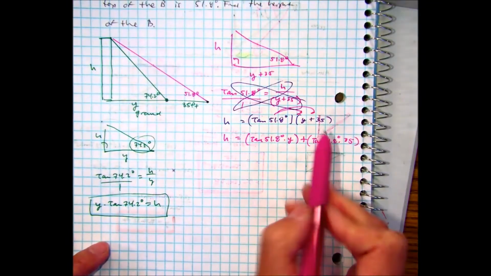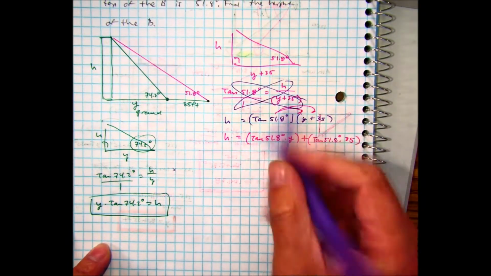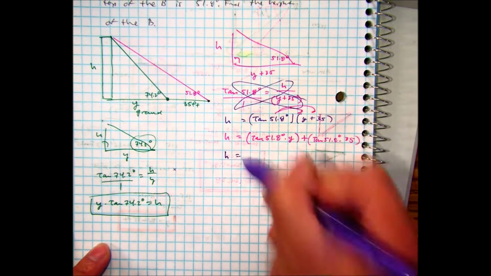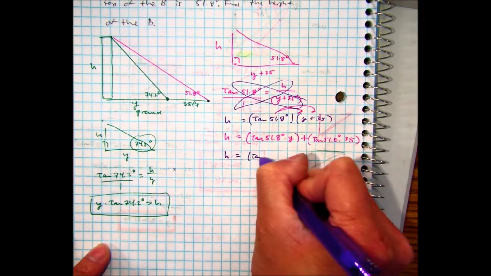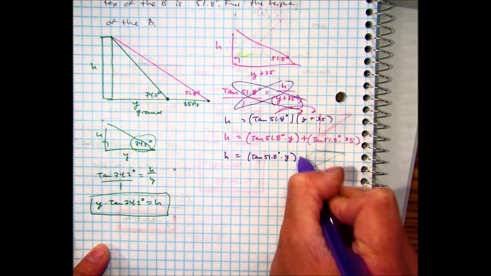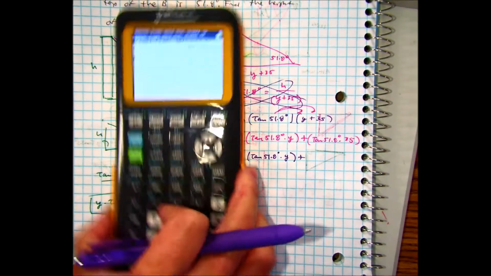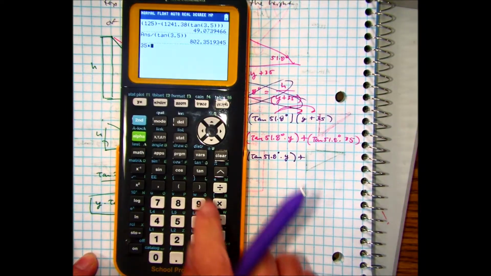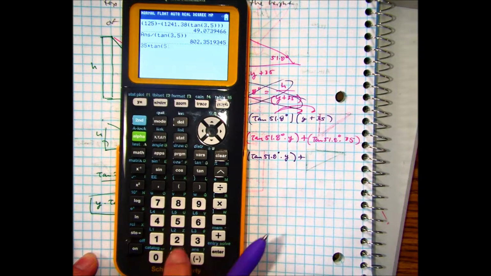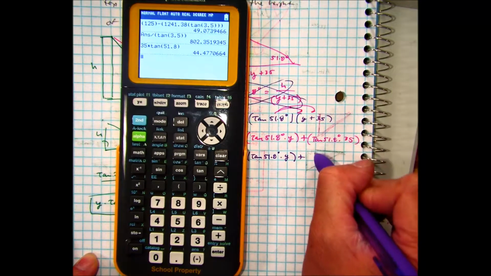Now that's going to become a constant, isn't it? So I have H equals tangent of 51.8 degrees times y plus, I'm just going to calculate that now, 35 times tan 51.8. I get 44.48.